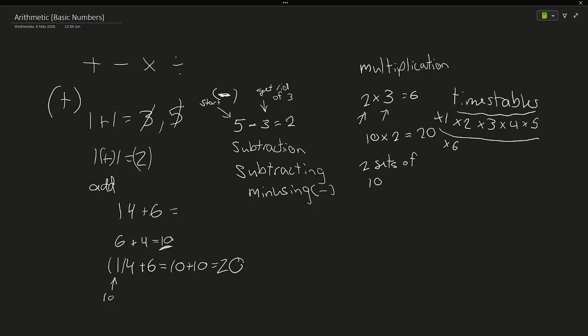Once you start getting to times 6, times 7, times 8, times 9, times 10, it starts getting a little harder, and I'll admit sometimes even I am a bit stumbled by 8. 8's a bit of a hard one for me, but I still know them off by heart. It just takes me a little longer than, let's say, times 2 or times 3.